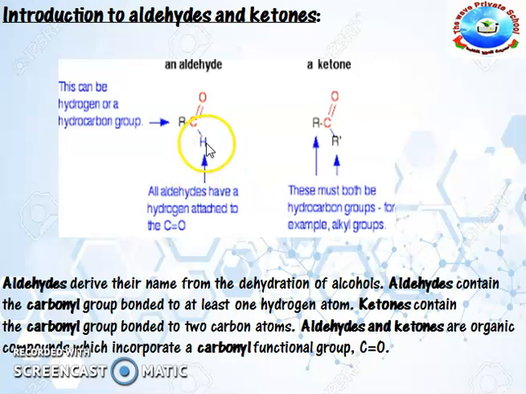The aldehyde contains the carbonyl group, C double bond O, that has at least one hydrogen atom. Got it? Whereas ketone contains the carbonyl group that is bonded to two carbon atoms. This C double bond O, the carbonyl group, is bonded with one hydrocarbon group and a second hydrocarbon group. It means alkyl groups only.